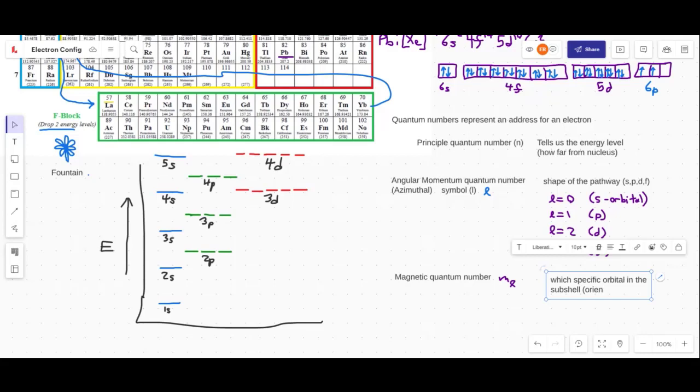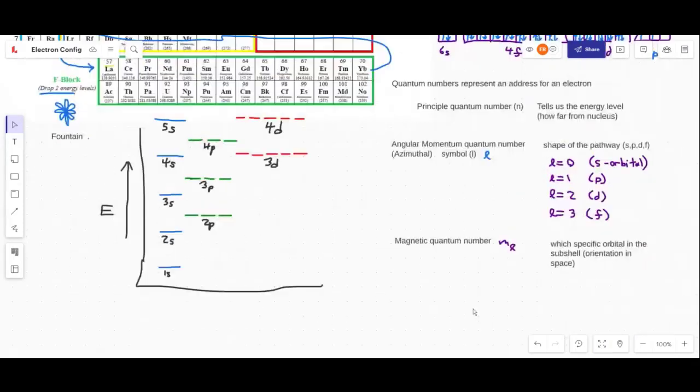If you think about those p orbitals, remember how I said you can go up, down, left, right, in, out? The magnetic quantum number tells you which one it is. Is it up and down, left and right, or in and out? It's not just the shape, it's the actual orientation.